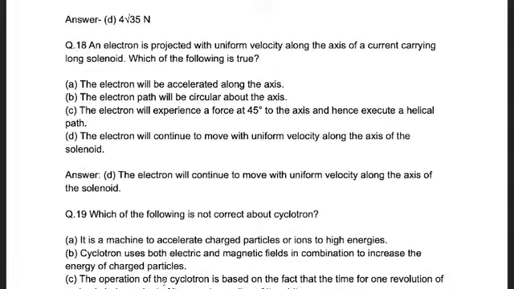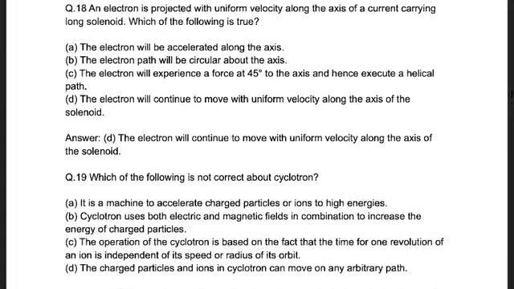C. The operation of the cyclotron is based on the fact that the time for one revolution of an ion is independent of its speed or radius of its orbit. D. The charged particles and ions in cyclotron can move on any arbitrary path. Correct. Your answer is D. The charged particles and ions in cyclotron can move on any arbitrary path.